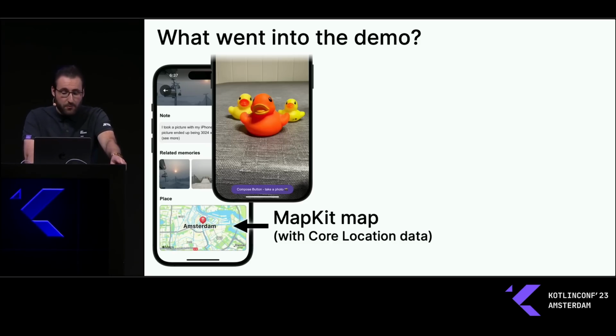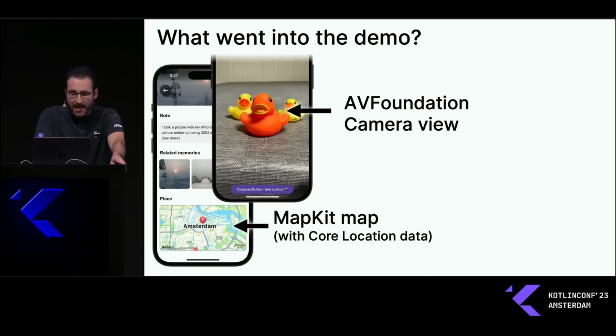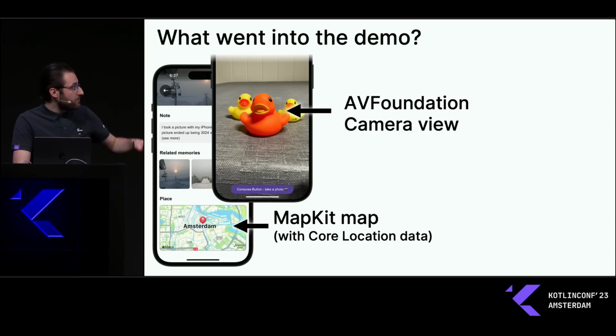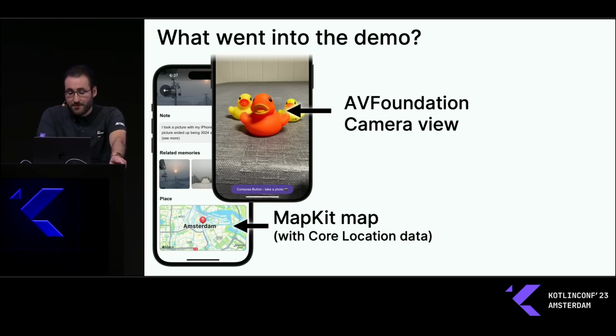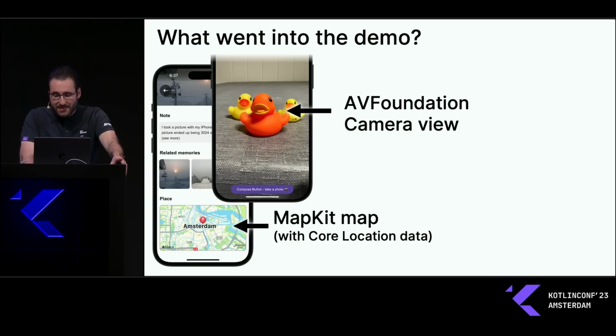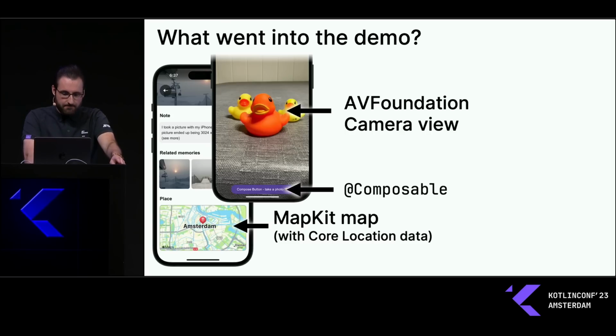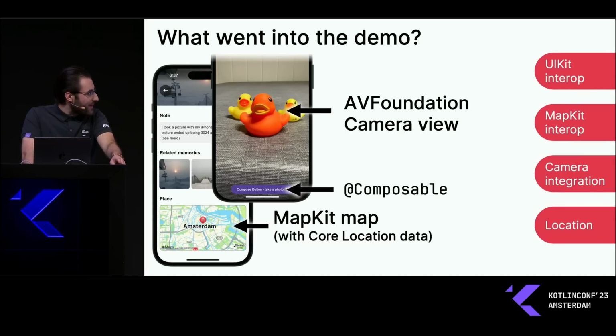And you saw the camera view, which actually uses AV Foundation, which is another Apple-specific API. And still, we managed to put things like Compose buttons on top of that. Nikita's going to tell a little bit more about how that actually works from an architecture perspective. But for these kind of complex platform-specific widgets, it is one of our goals to provide smooth interoperability. Yeah, so that's the composable button. Very good.